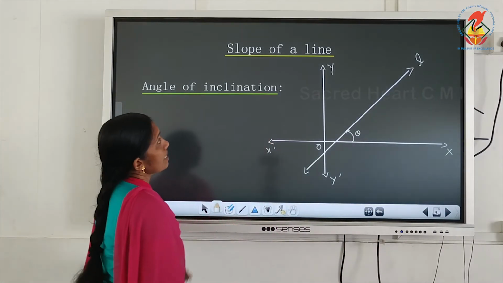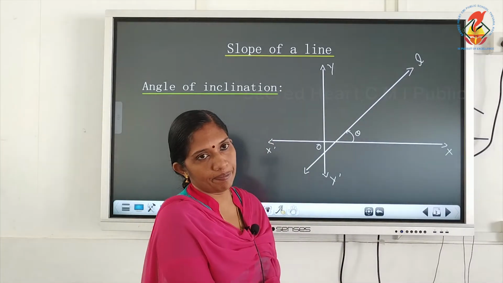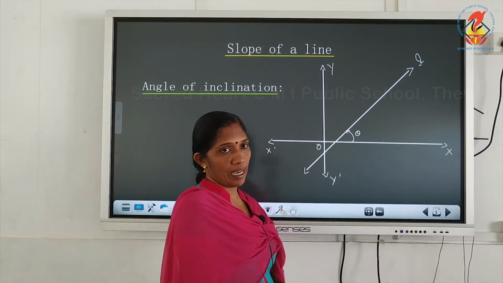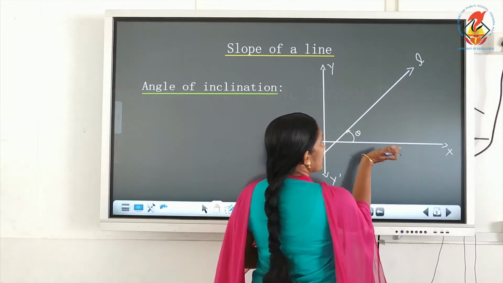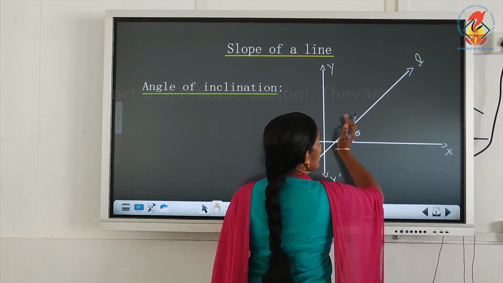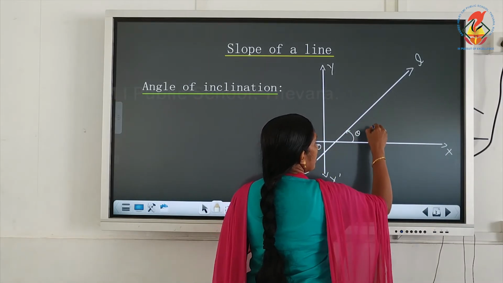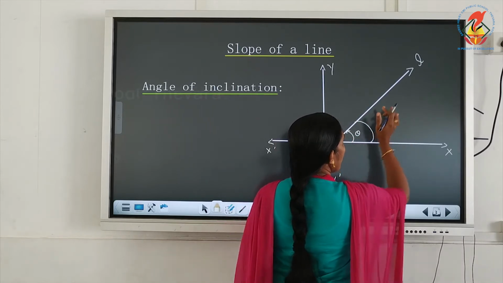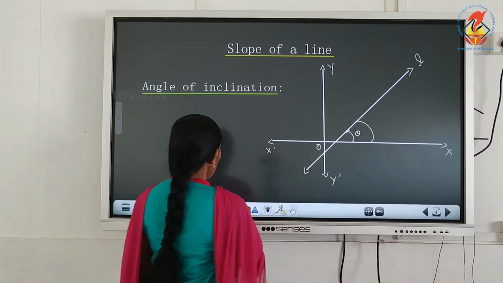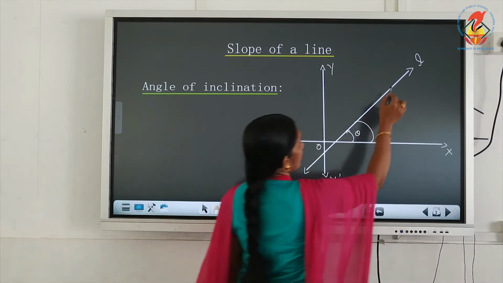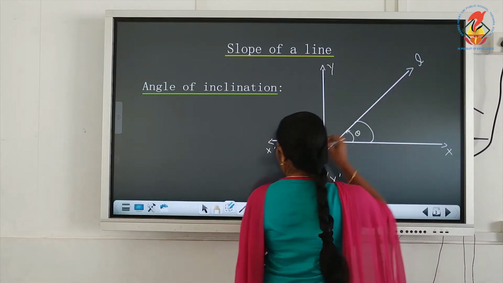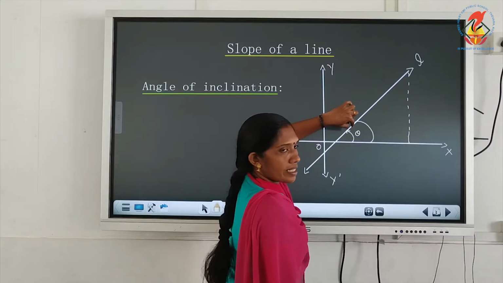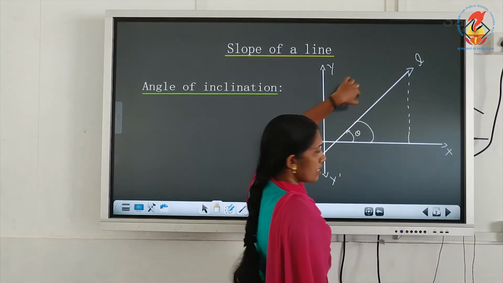Now, what is slope of a line? So, this is the line L. Slope means with respect to x-axis, how much is this measure? So, with respect to x-axis, we have to measure the opposite of that. This theta is the angle of inclination of this line.